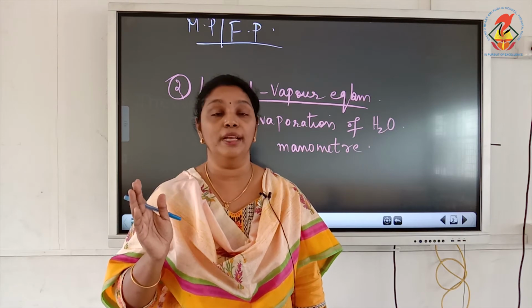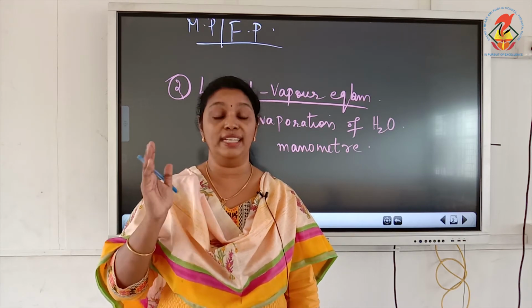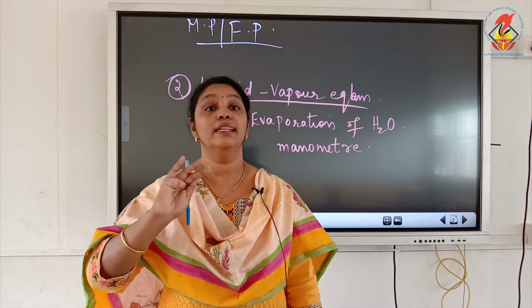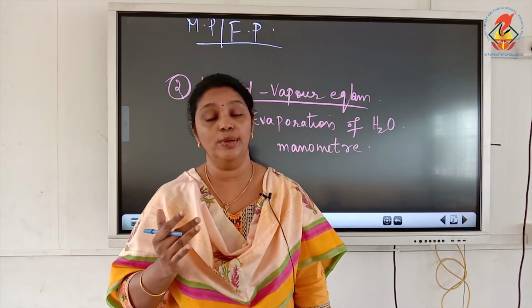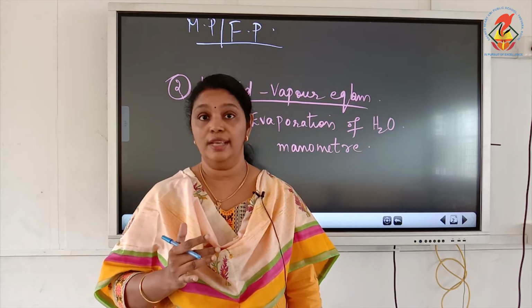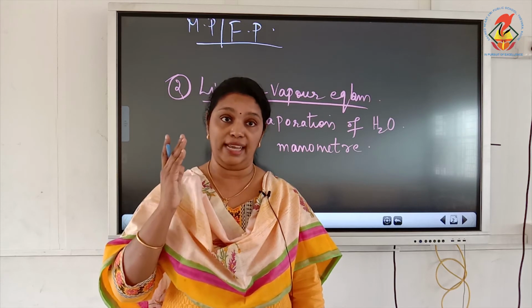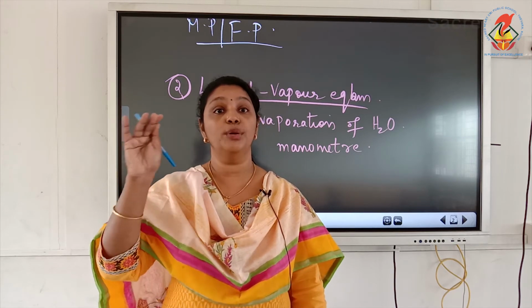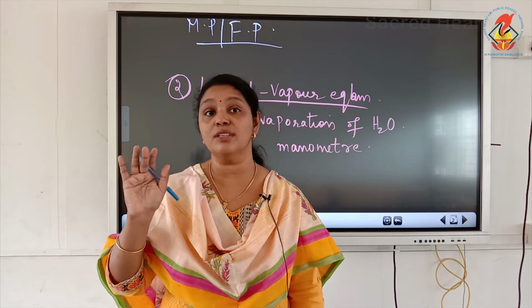Finally, an equilibrium is established. So, at equilibrium we can say the rate of evaporation is equal to rate of condensation, and at this point, that is at equilibrium, we can see the mercury reading in manometer remains constant.